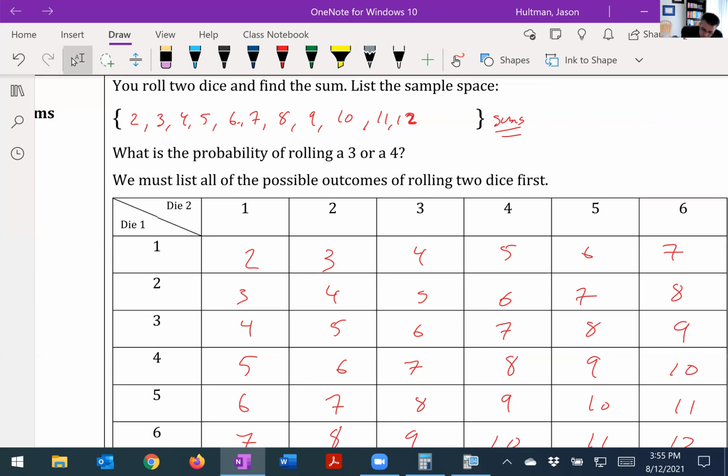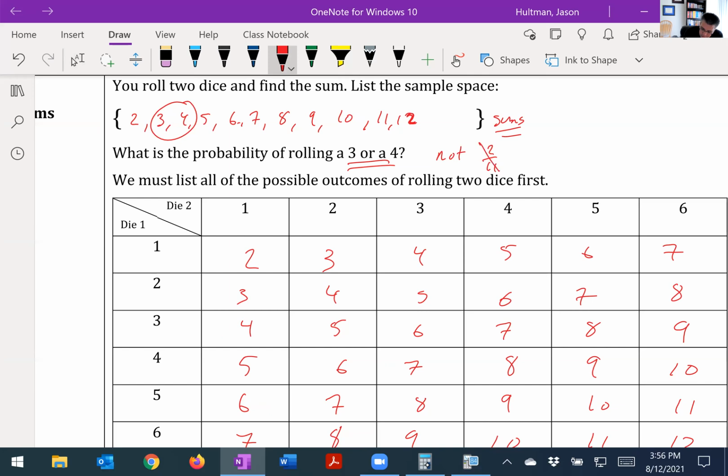Here it says, what is the probability of rolling a 3 or a 4? So we need to use this chart to find the probability of rolling a 3 or a 4. The probability is not 2 out of 11. Don't make that mistake. It's not the number of sums out of the total number of sums.